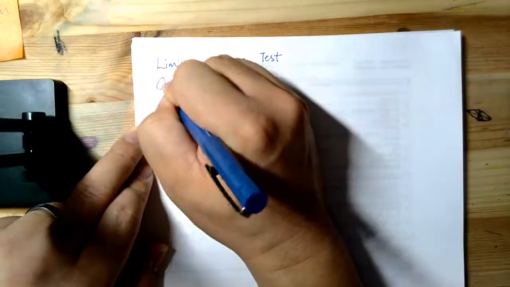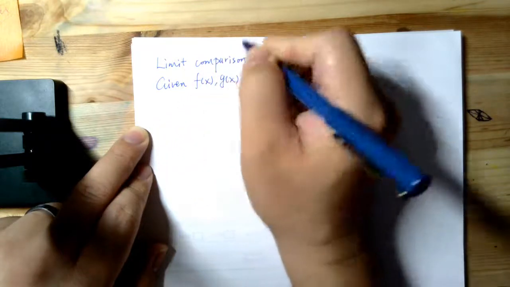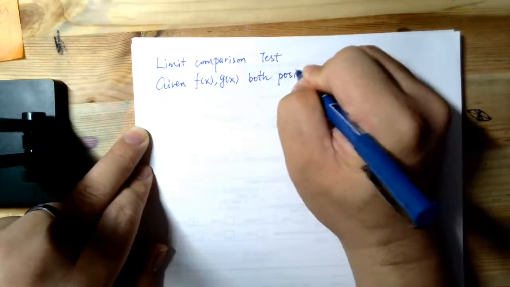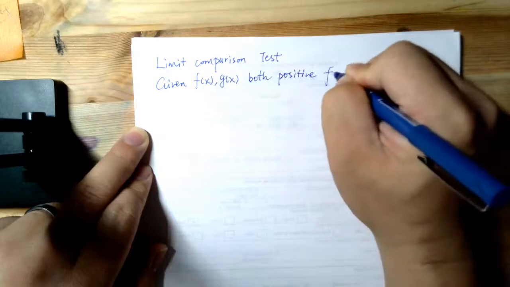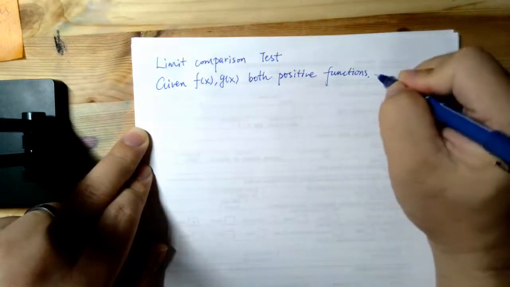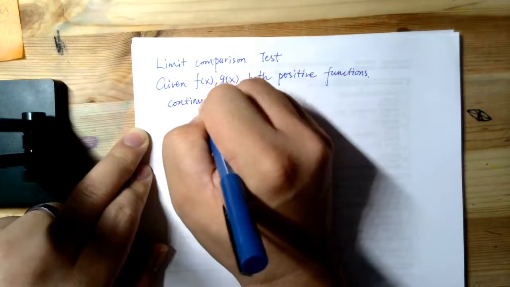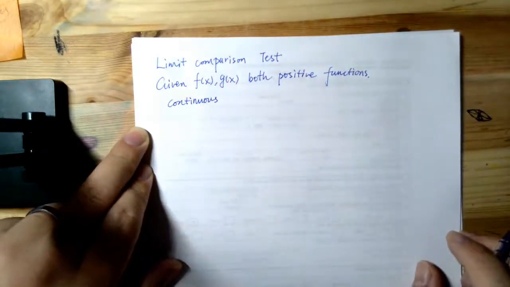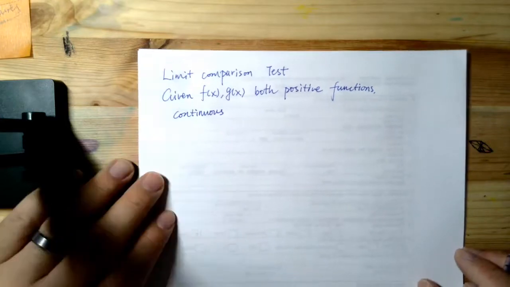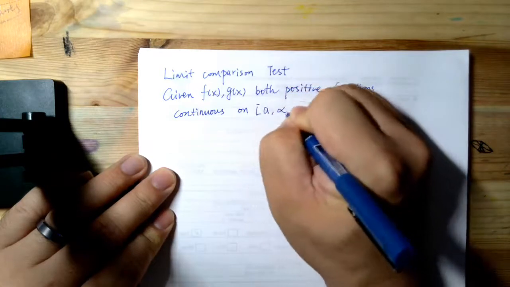Given f(x) and g(x), both positive functions, and also they're both continuous on the interval from a to positive infinity.